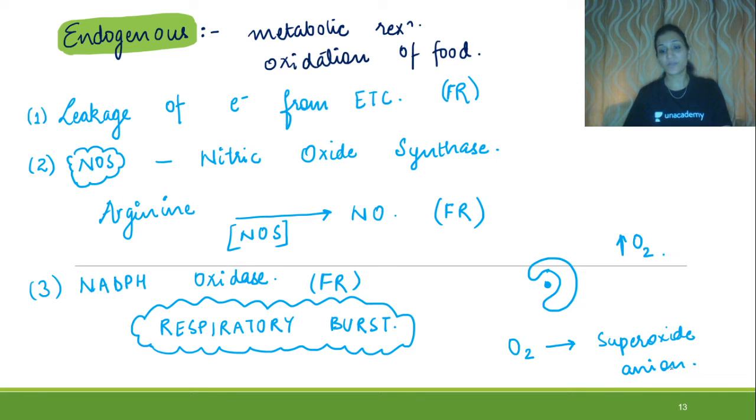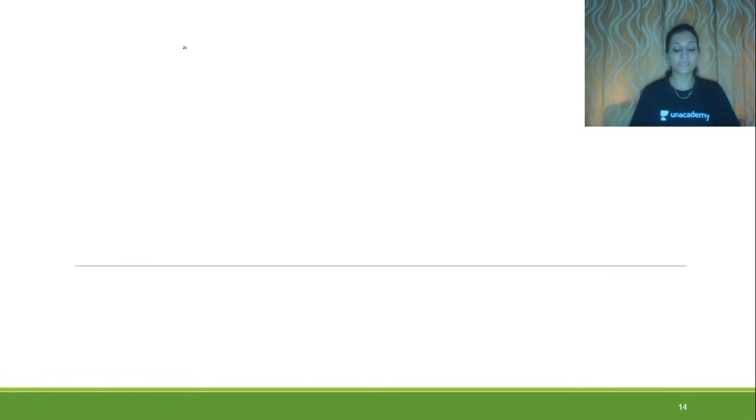So how does NADPH oxidase participate? This O2 gets converted into superoxide anion, and the reaction is catalyzed by NADPH oxidase.